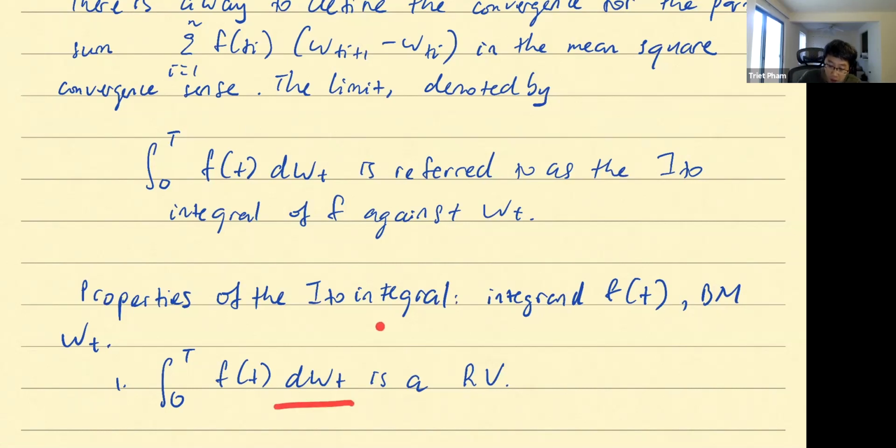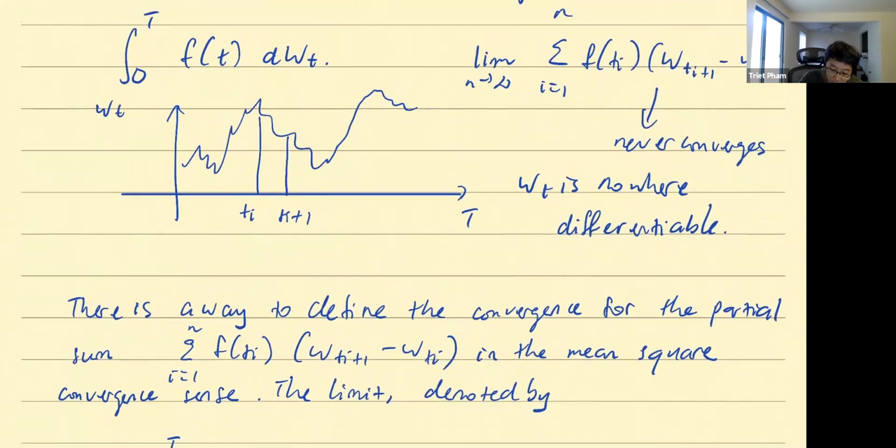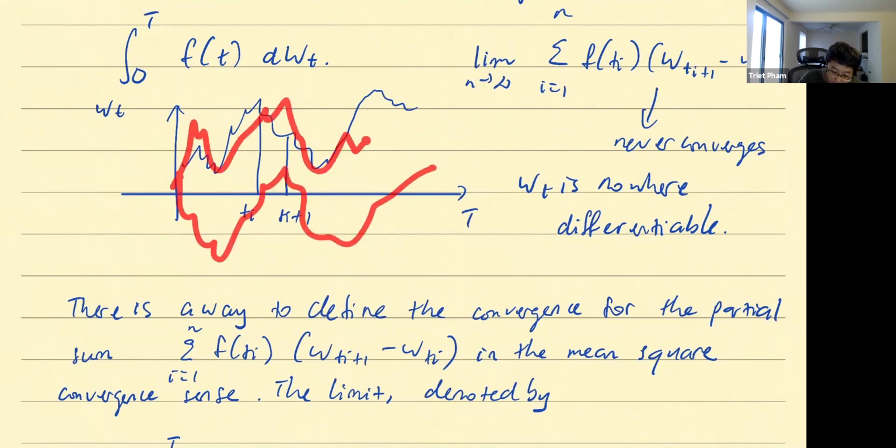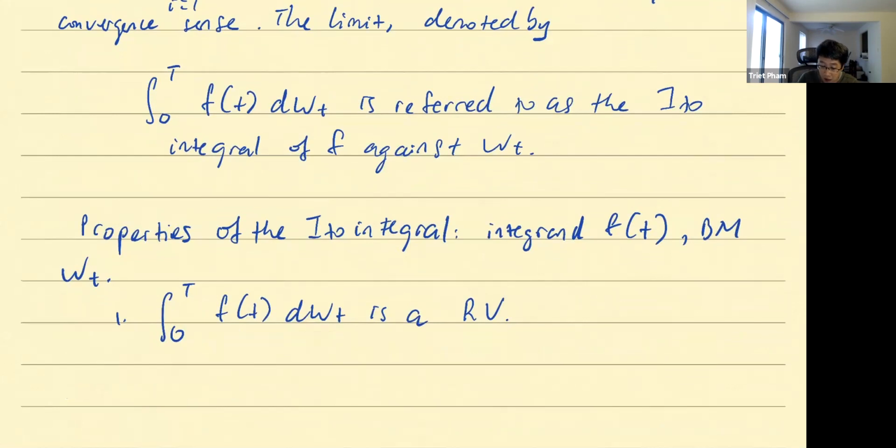Every time you look at a different path of the Brownian motion. This time you look at this path, but the next time it may be another path, then another time maybe that path. Because it's a different path each time, this will be a random variable, even if f is deterministic.